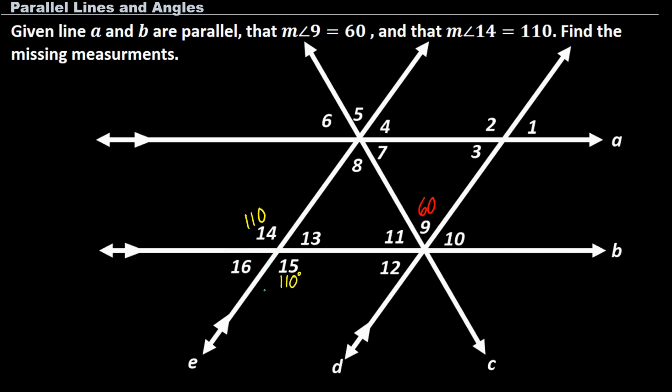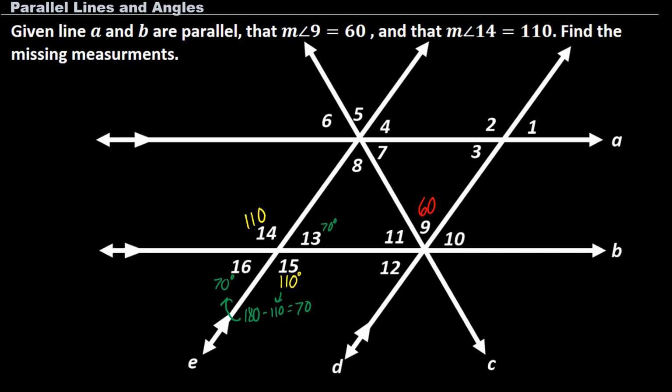And so that means that to get 16, it's 180 minus 110, which gives us 70. So 16 is 70 degrees, making 13, because it's also vertical to 16, 13 is 70 degrees as well.